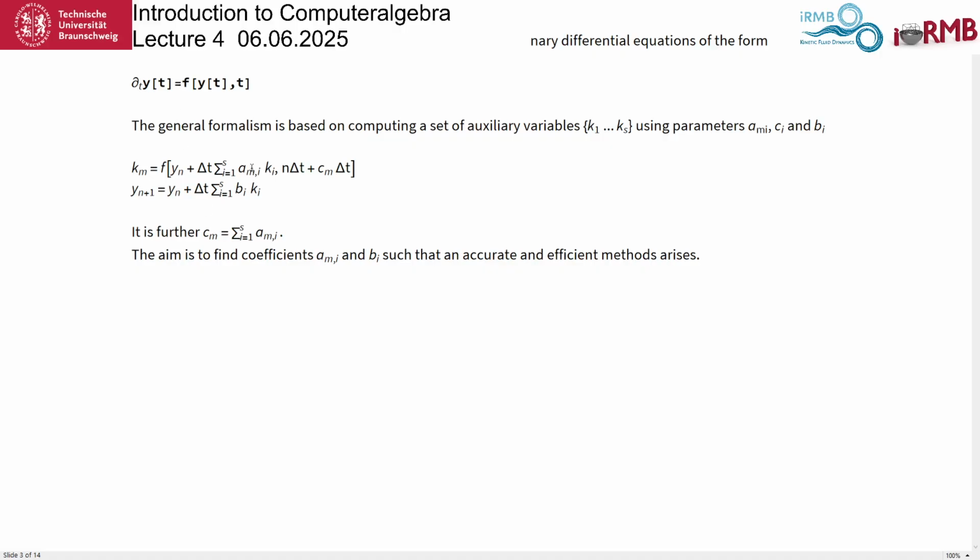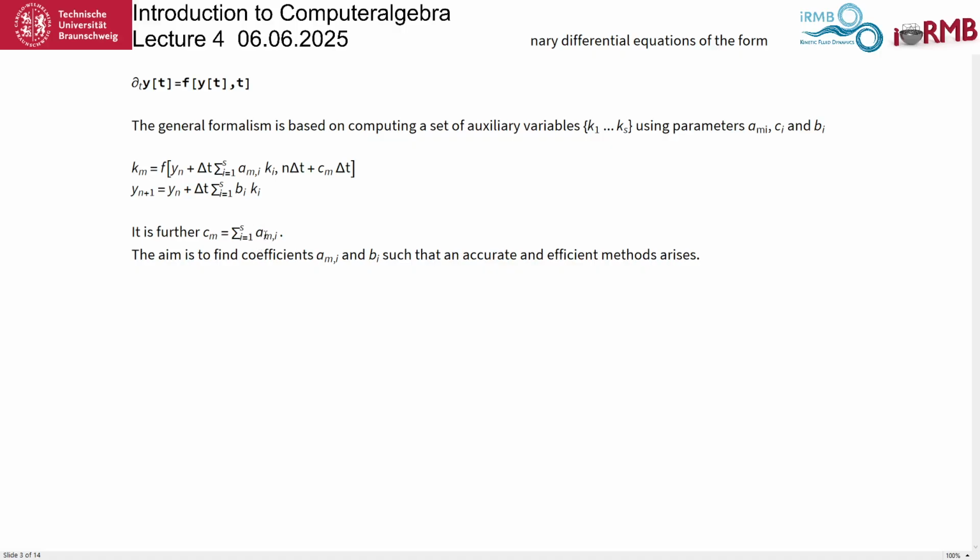If these a_mi are all 0, it gives you the slope at the last time step. What you do here is you progress a little bit and you compute more slopes, usually in between the last time step and the new time step, and then you have a weighted sum of the slopes that you computed in order to get to the next time step. That's what Runge-Kutta does.